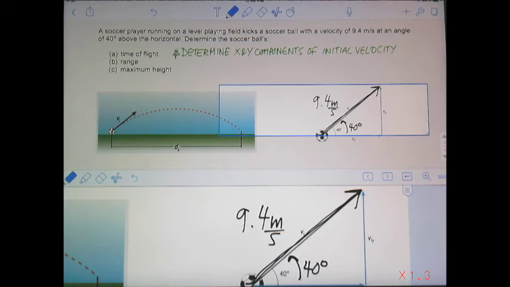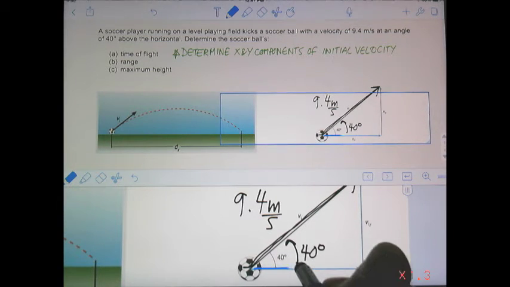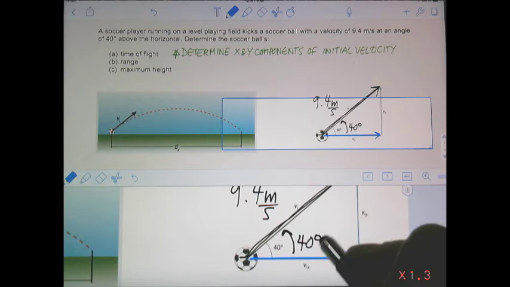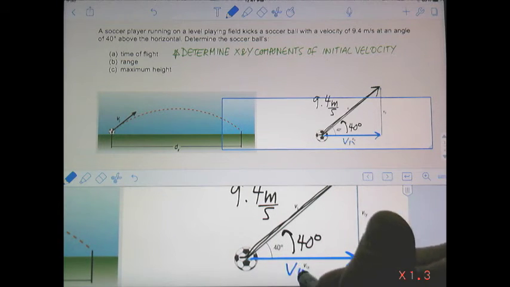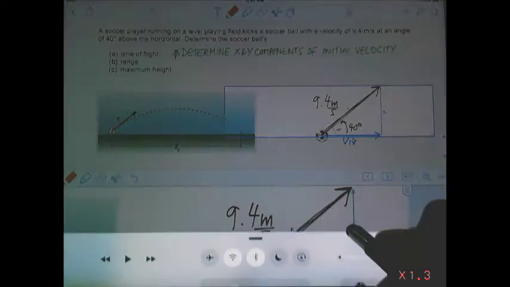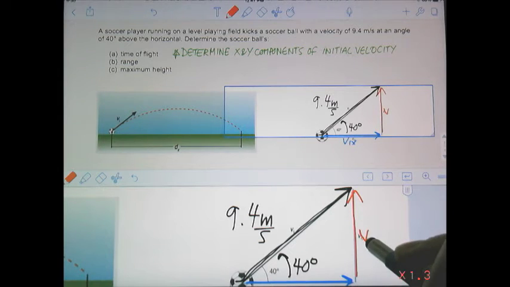In section 2.2, we learned how to break up a vector into its x and y components. So if we look at this vector here, 9.4 meters per second has this as its x component, which we'll call Vix, and this vector as its y component, which we'll call Viy.